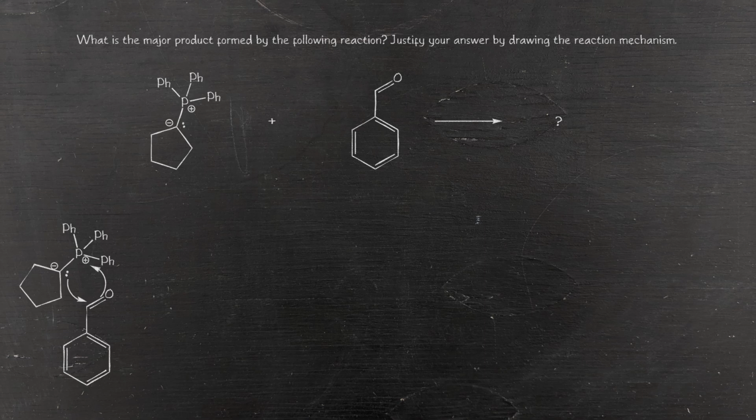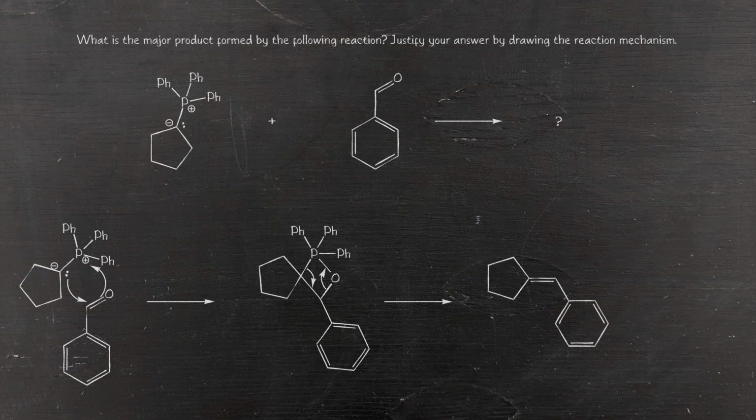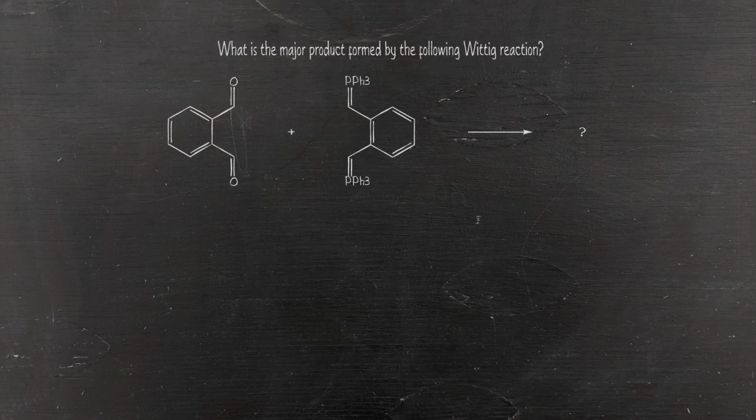So let's start by bringing the ylide close to our carbonyl group, and then we can have the lone pair on the carbon attack the carbonyl carbon, and the electrons from our carbon-oxygen double bond reaching out and grabbing the phosphorus, giving us that square-shaped intermediate. At this point, we just need to move our electrons around again, and we end up with our alkene and our triphenylphosphine oxide.